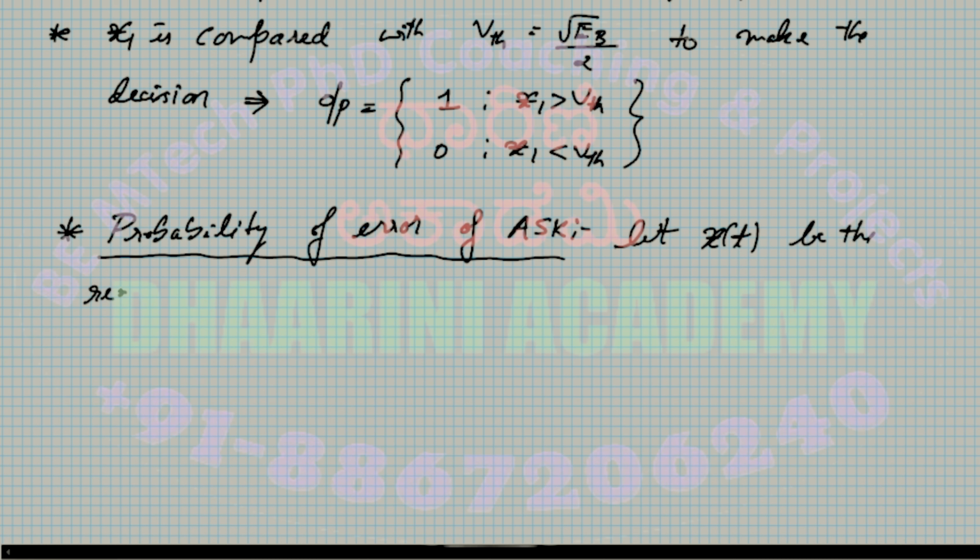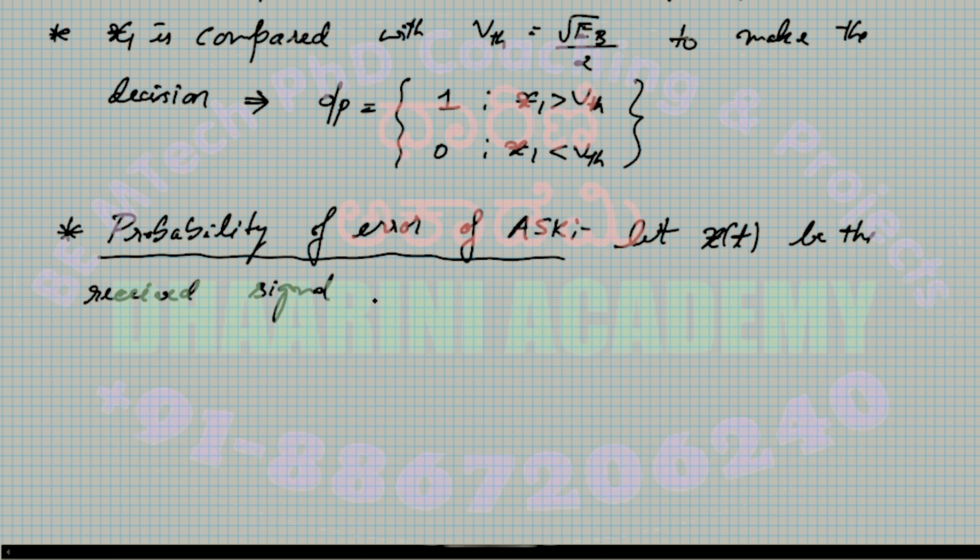Okay, so let's start like this. Let x of t be the received signal. Whenever you consider a practical channel, there is the probability of error coming into the picture.